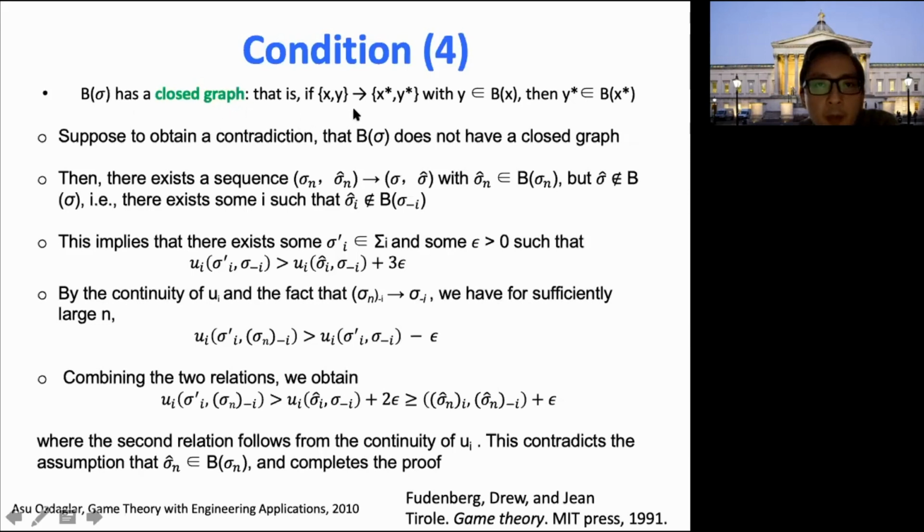Closed graph, in this particular case, means that if I have a sequence of these pairs converging to X star, Y star, and if this sequence all belongs to the Nash equilibrium, in other words, the relationship between X and Y is that they are best responses to each other, then the converged one is also part of this best response set.